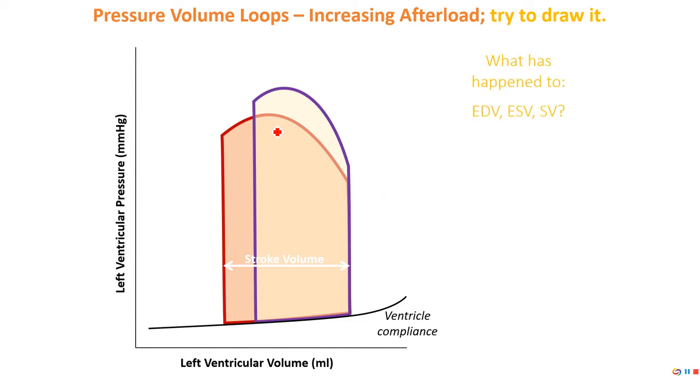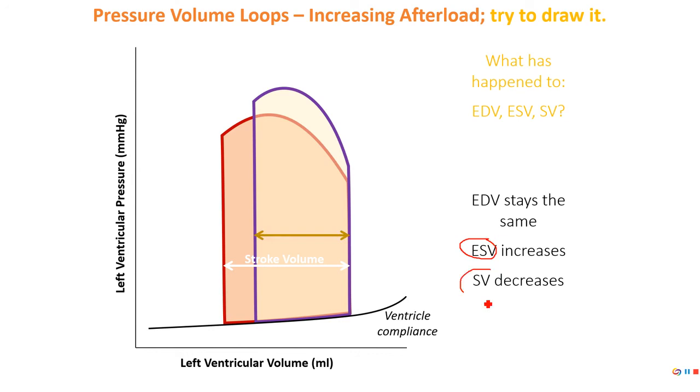What happens to end diastolic volume, end systolic volume, and stroke volume? End diastolic volume stays the same. End systolic volume increases, because there's more blood left in the heart. And this causes a decrease in stroke volume. So afterload only affects end systolic volume and stroke volume. If I decreased afterload, that curve would shift out here, and it would look something like this.